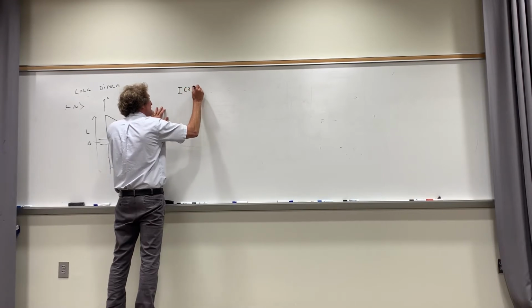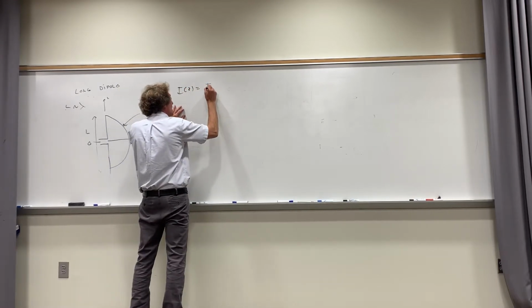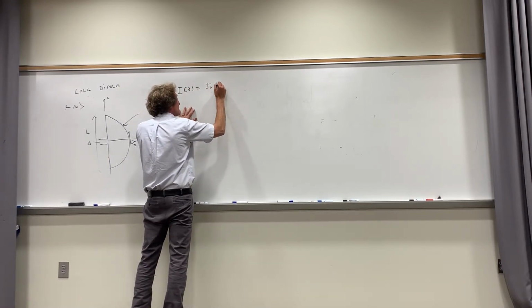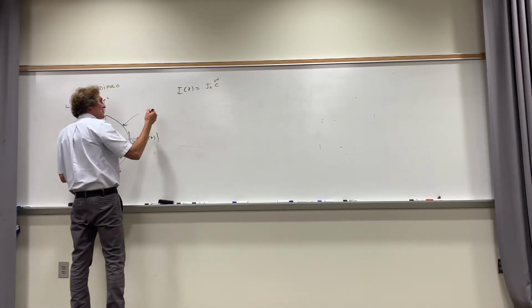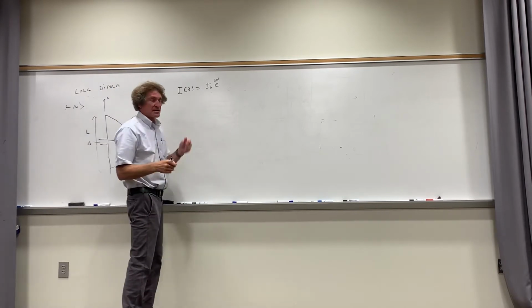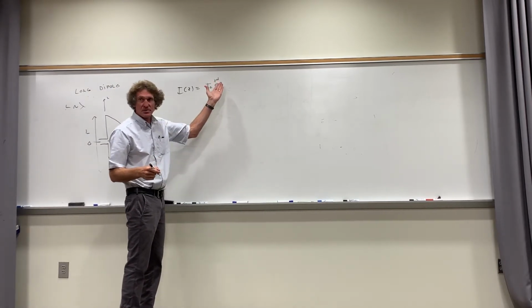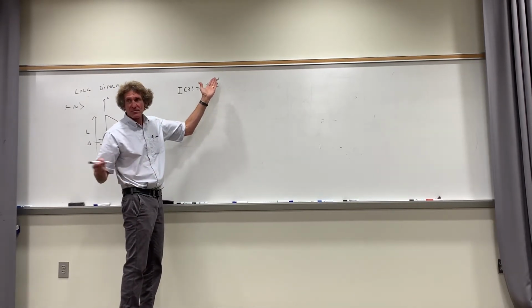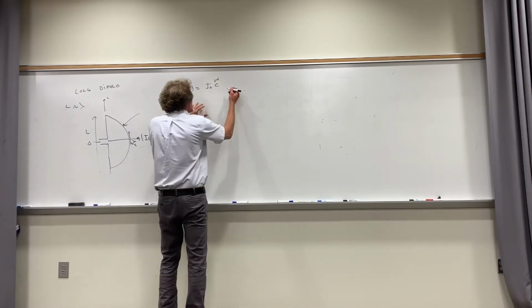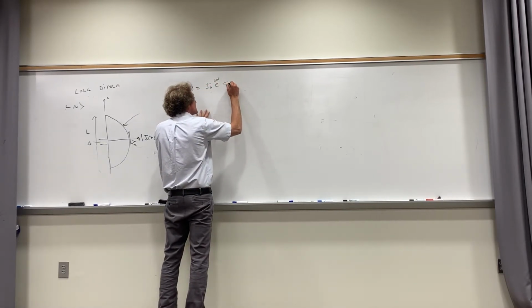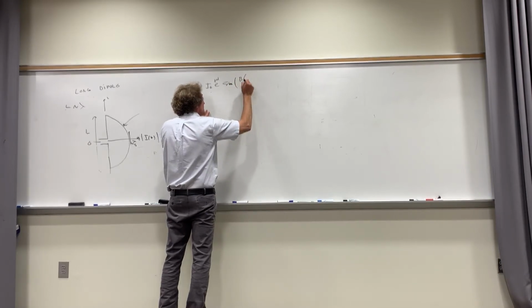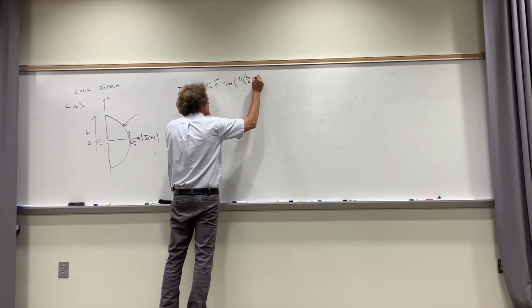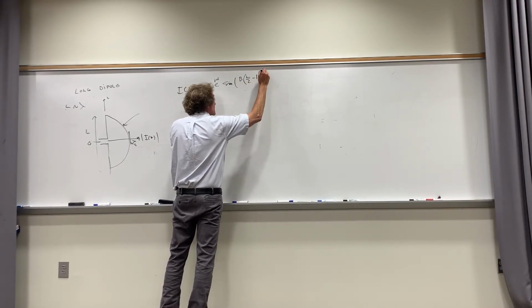So I of z on a dipole is really equal to I naught, and then it's gonna be some e to the j alpha, because this current could also have some phase. Dr. Whites includes this. Usually I always make alpha 0, but I'm including it. Then it's times the sine of beta times L over 2 minus the magnitude of z.